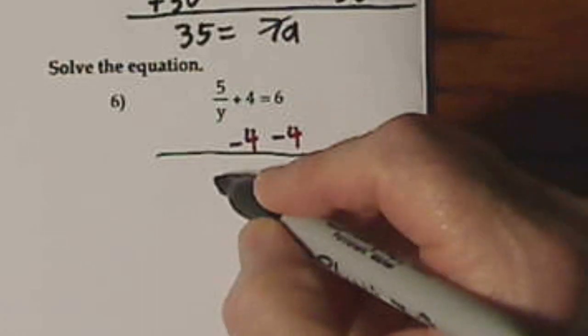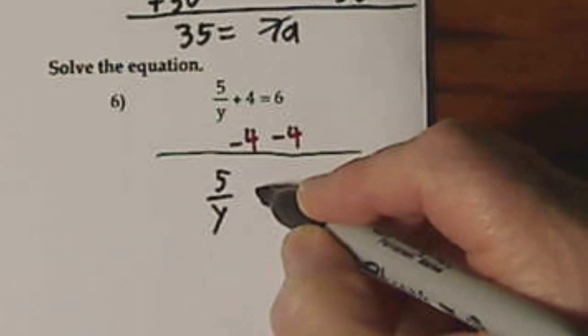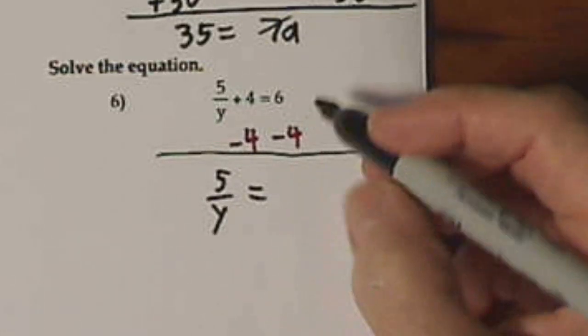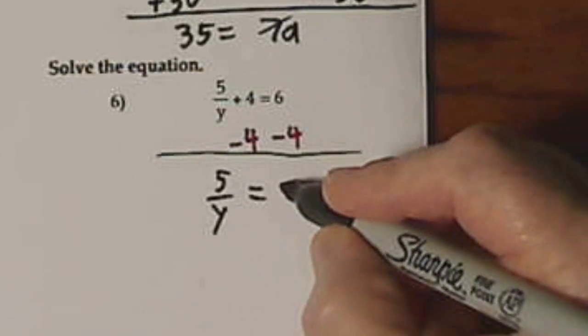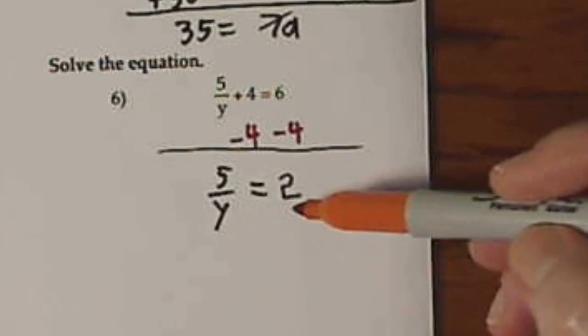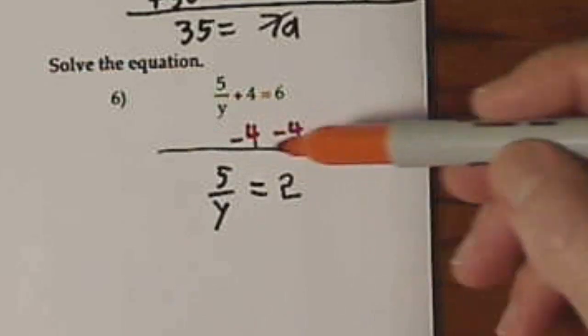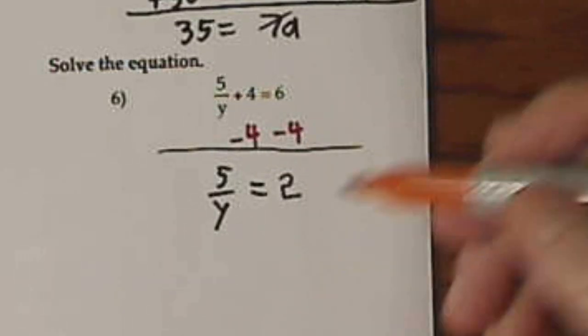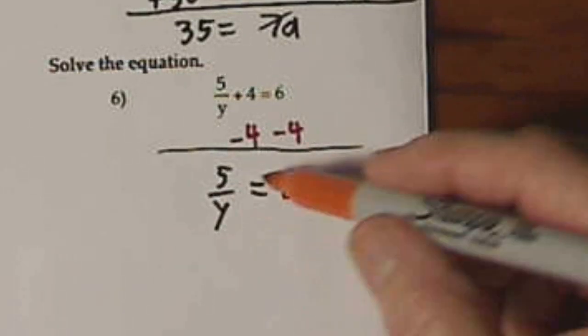So now we're left with 5 over y is equal to 2. Maybe I should have left a little more room there. For every problem I've done so far in this video, whatever I was multiplying by, I always wrote it above the terms, but maybe on this side there isn't room.